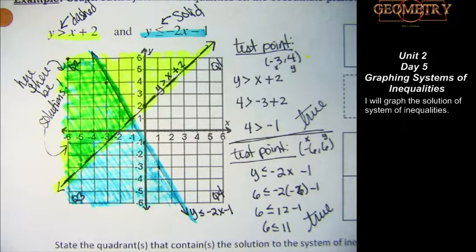I'm not going to have any solutions to the system in quadrant 1 or in 4. I have solutions to the individual inequalities, yes, but I don't have solutions to the system, all of them together, in anywhere but 2 and in 3. Make sense? All right, let's do one more practice.